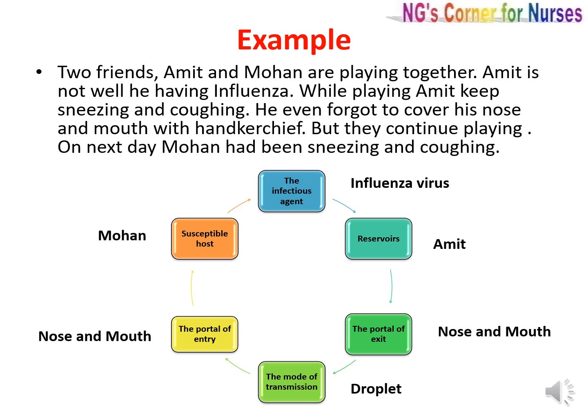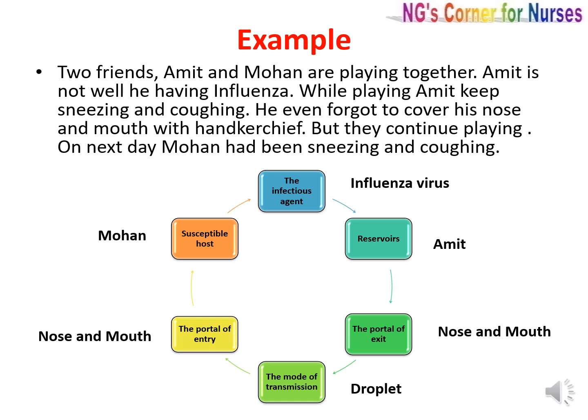Let's understand this further with an example. Let's read a story of Amit and Mohan. Amit and Mohan are friends. They are playing together. Amit is not well today. He has influenza. While playing, Amit keeps sneezing and coughing.